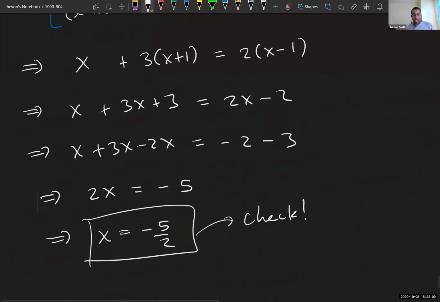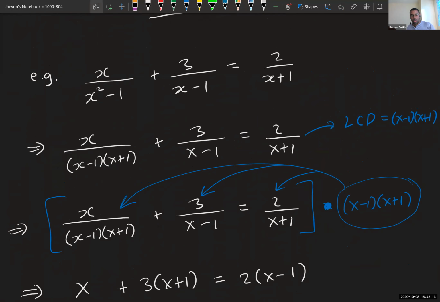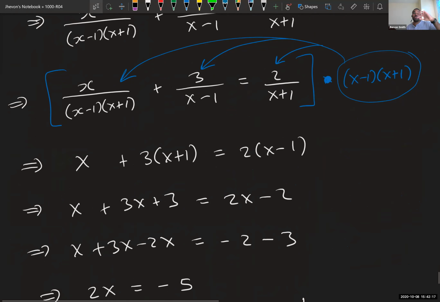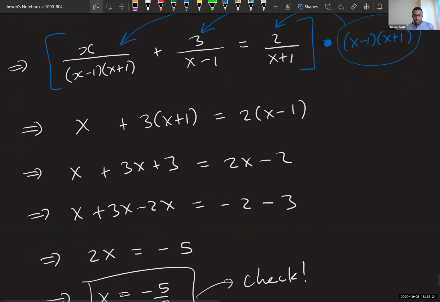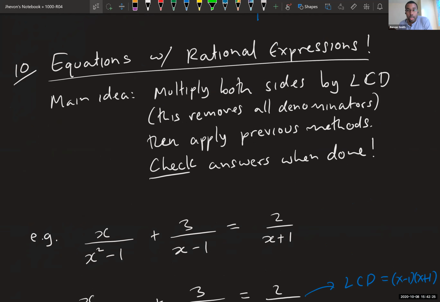So pretty sure we're okay, but you do want to check for any other possible issues, especially if your rational expressions had radicals in them as well. So you'd end up multiplying by radicals, and then you'd have to raise the powers, and you have to worry about all that. But essentially the main idea is multiply both sides by the LCD. It puts you in a previous case, right? We learned how to deal with a linear equation, how to deal with a quadratic.